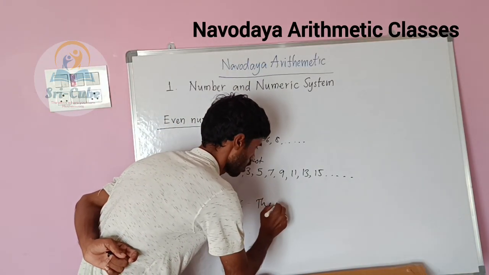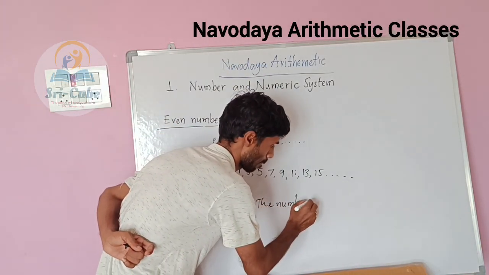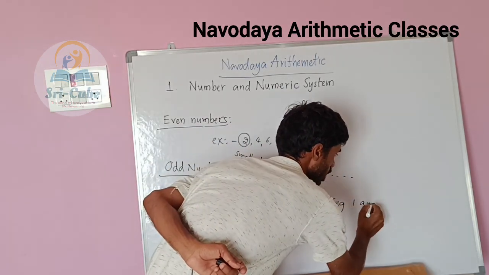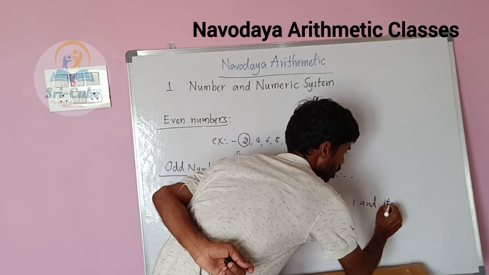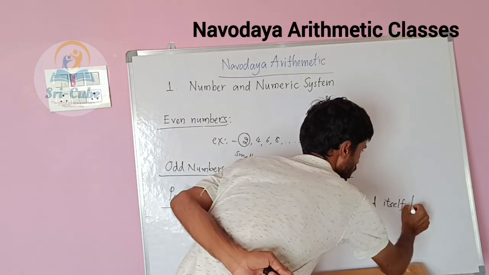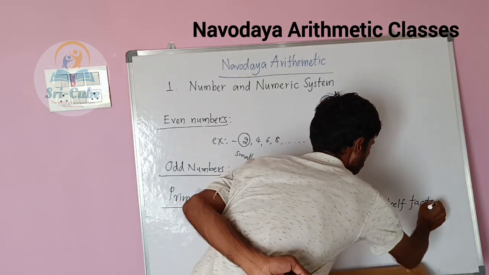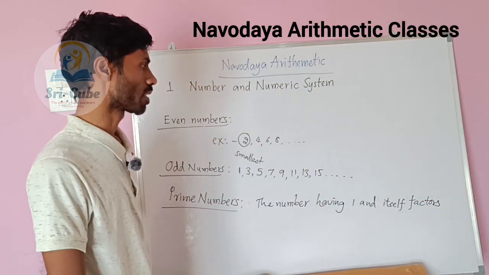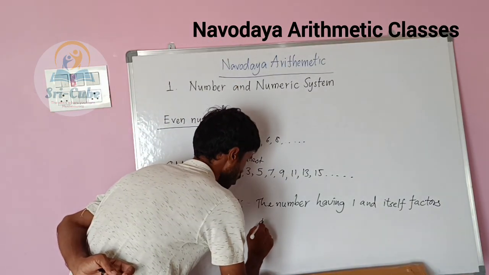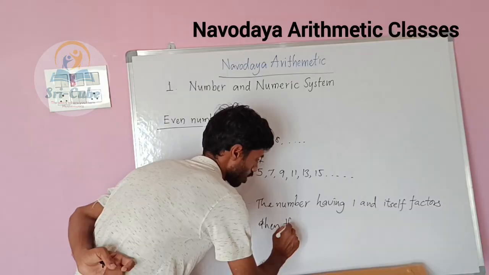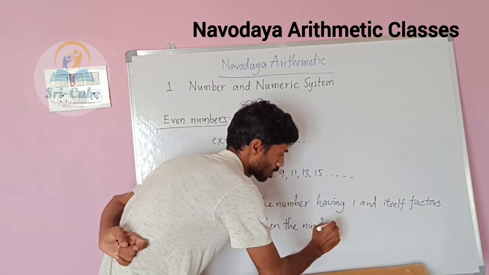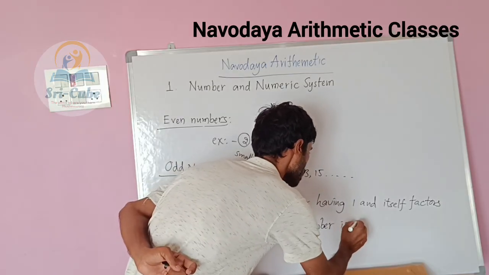The number having one and itself as factors, then the number is called a prime number.